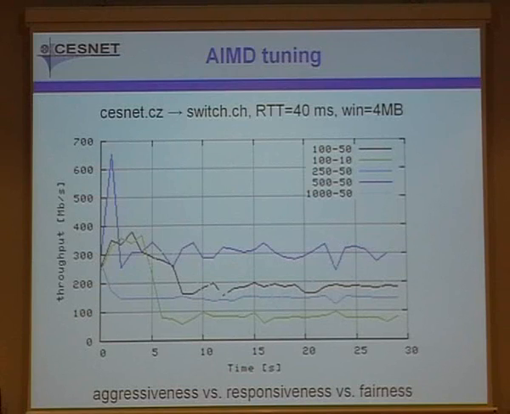Of course, this is not for free. When we use more aggressive congestion control, we get more of the available bandwidth, but it can obviously be at the expense of fairness to other existing connections.